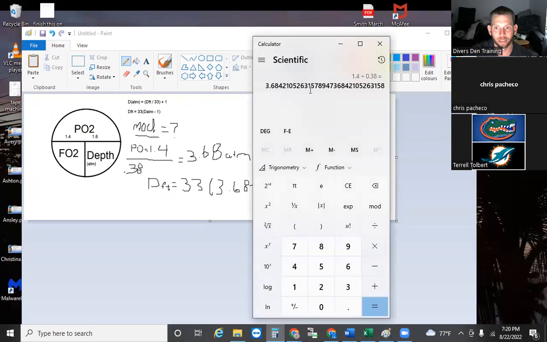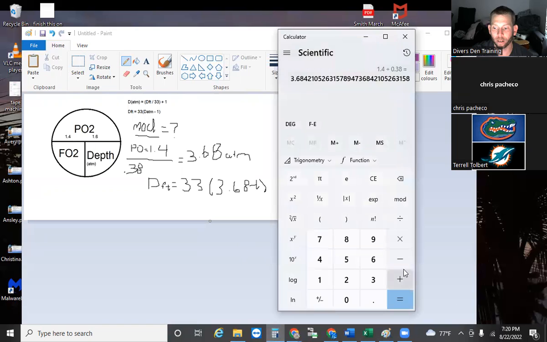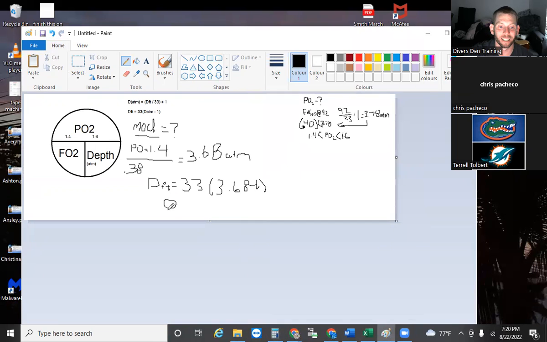So I'll subtract 1 from that, and I'll multiply that by 33. And that means 88.6 feet. So I'd probably round that out to a nice 88 feet or 85 feet, because that's more operationally sound. That is my MOD. Does that make sense? Sounds nice and easy.